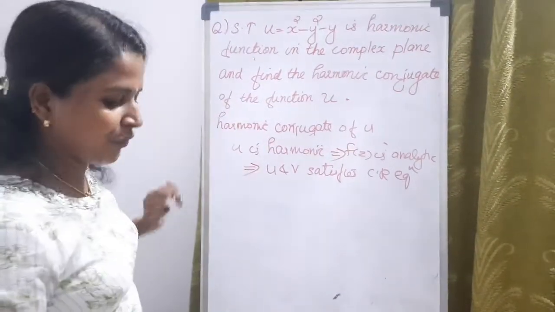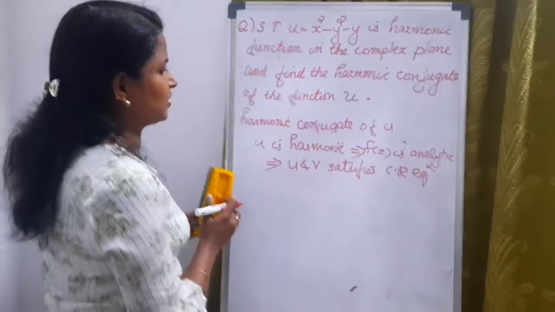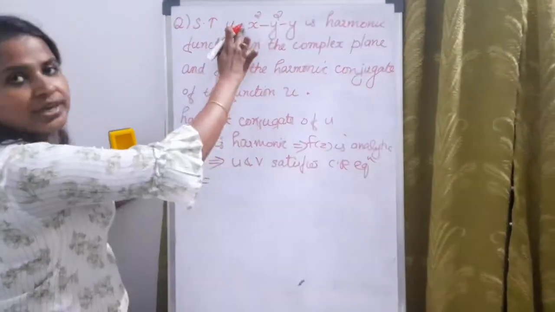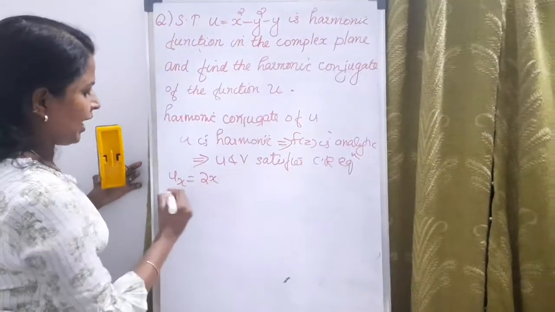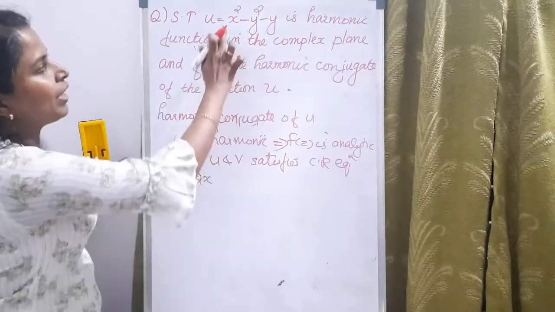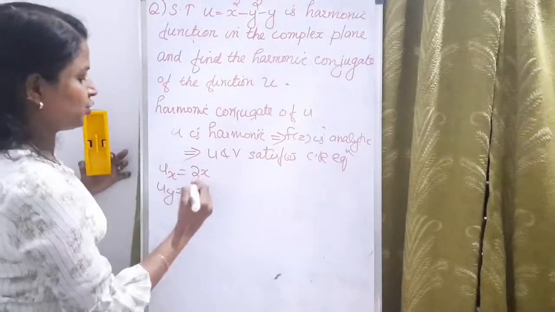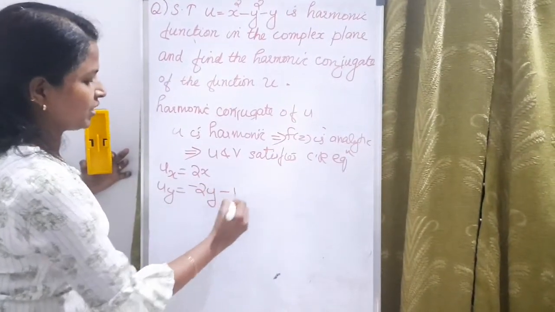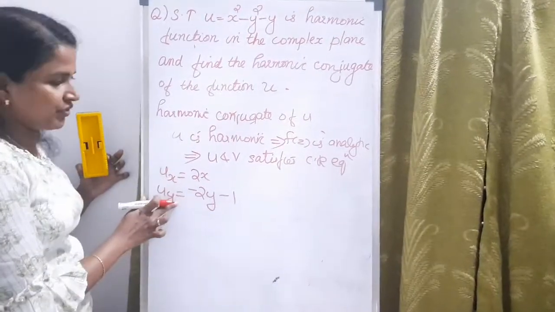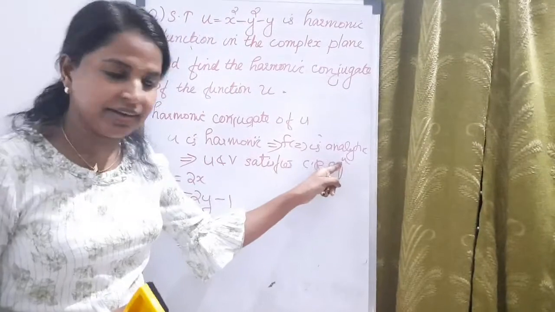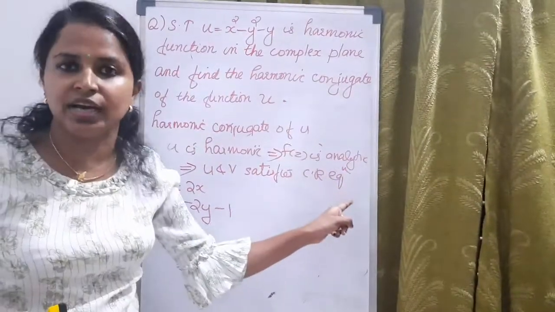So here we find the CR equations. First we find ux. What is ux? It's 2x. And uy is 0 minus 2y minus 1. This is ux and this is uy. Here f of z is analytic and u and v satisfy the CR equation.